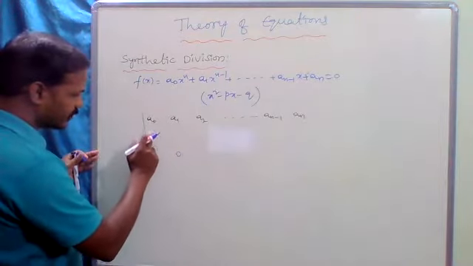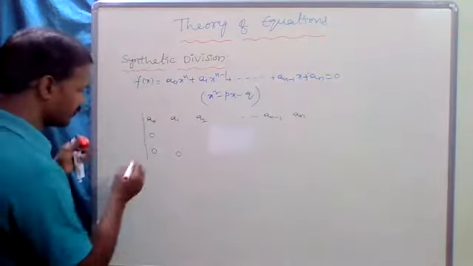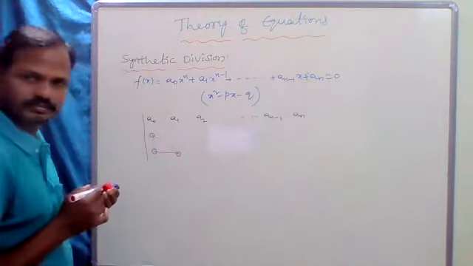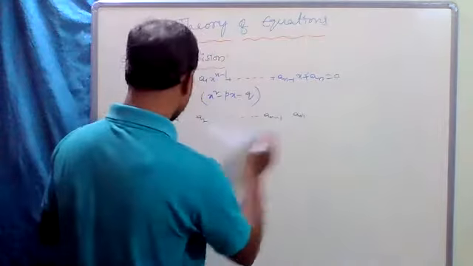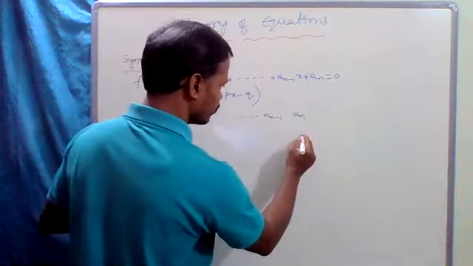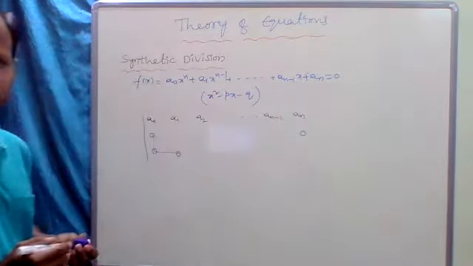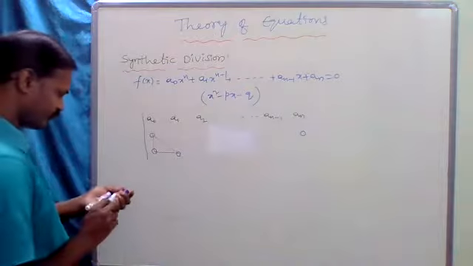Remember, triangle form. And here also a 0 under an. So this is the first setup.